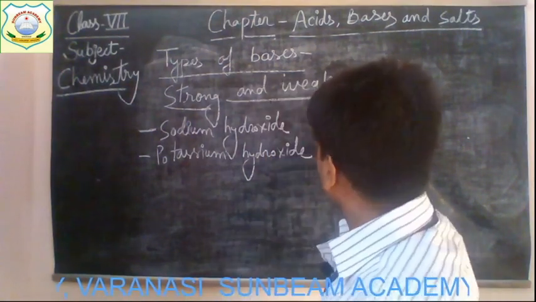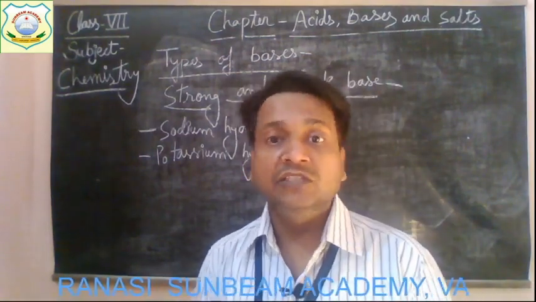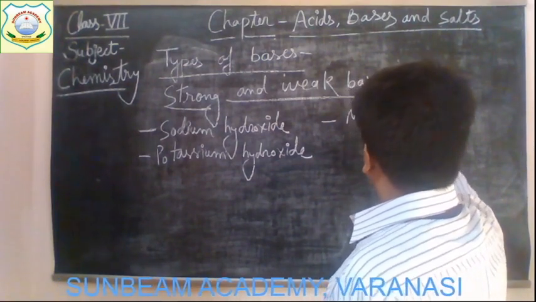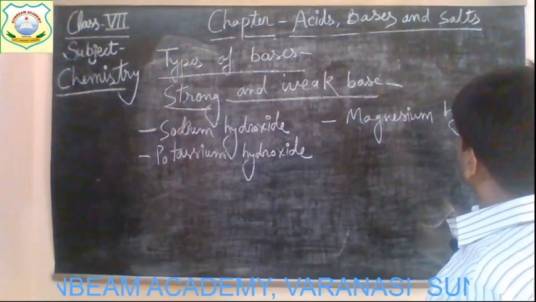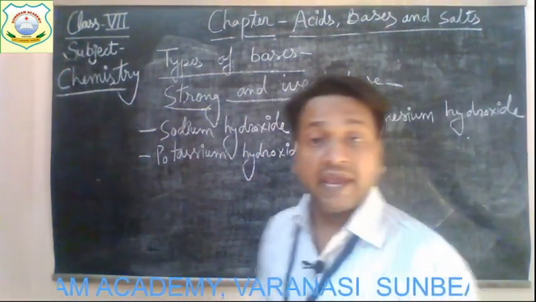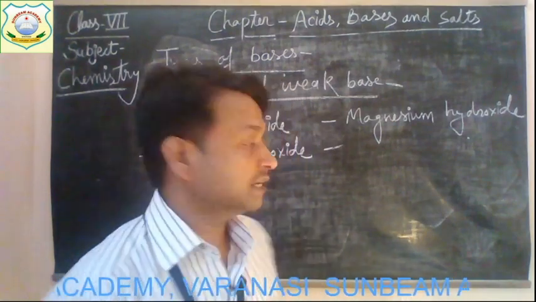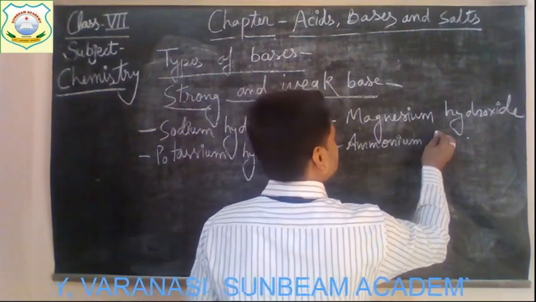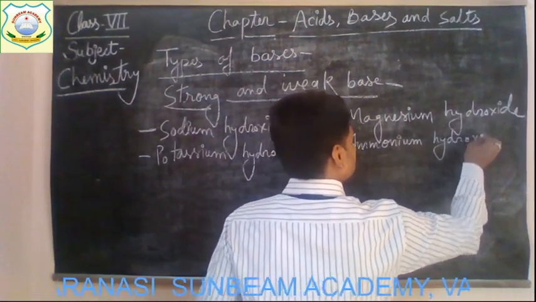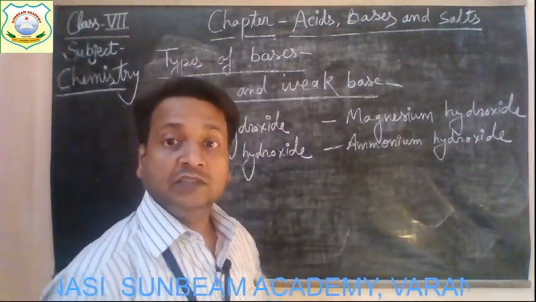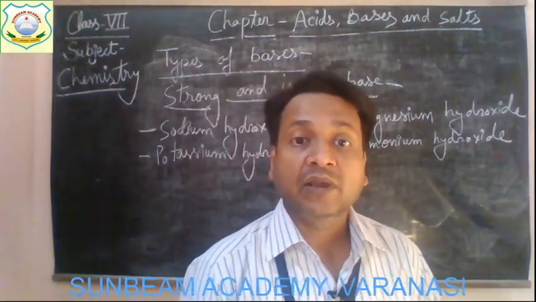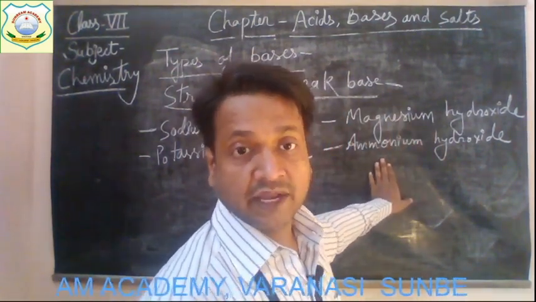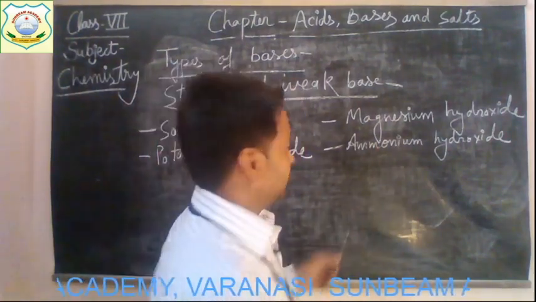Now, the examples of weak bases are magnesium hydroxide and ammonium hydroxide, and copper hydroxide also, you can say that.